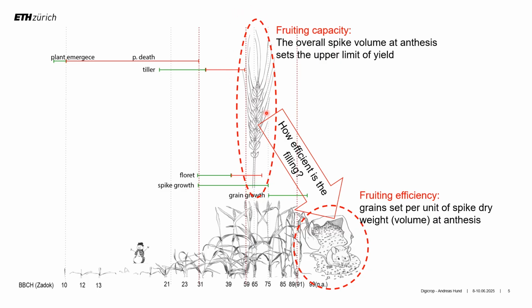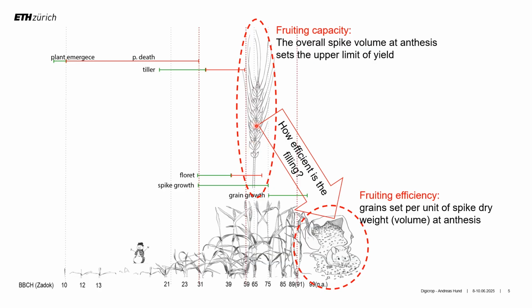So a large partitioning of photosynthesis to the growing spike is actually something like the fruiting capacity. The overall spike volume at anthesis sets the upper limit of yield. So we'd expect a high yield if you have a large volume.